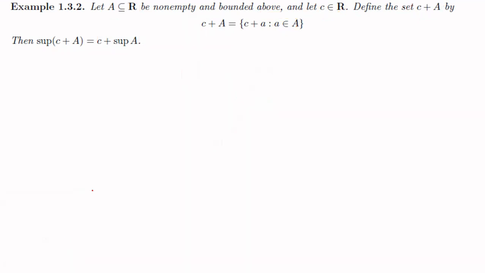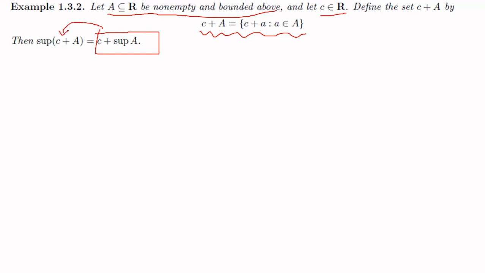Now, when we come back to this example, you are given that A is a non-empty subset of R which is bounded above, and C is any real number, and the set C plus A is defined as the set of all C plus a, with a an element of A. You have to show that the supremum of C plus A is C plus the supremum of A. So you have to show that C plus supremum of A is the supremum of this set C plus A. To prove that this is a supremum, it should satisfy two conditions.